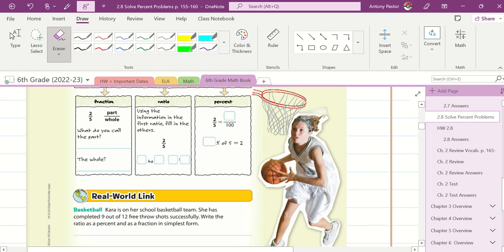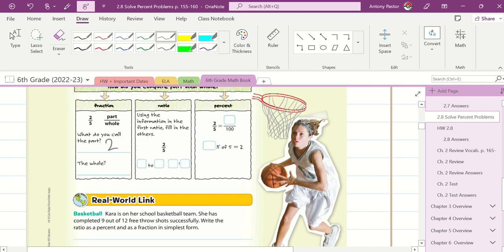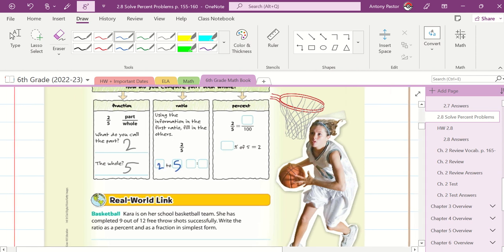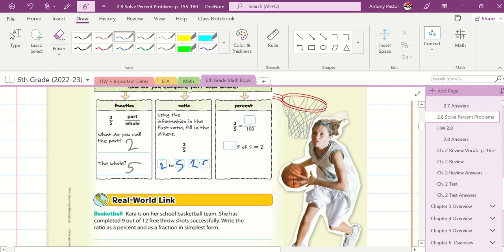Going back to our book, again, 2 is the part, 5 is the whole in the fraction. What do you call the part? It's 2. The whole is 5. For a ratio, this is 2 to 5, or 2 with a colon, 5.